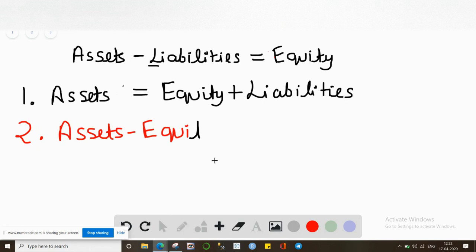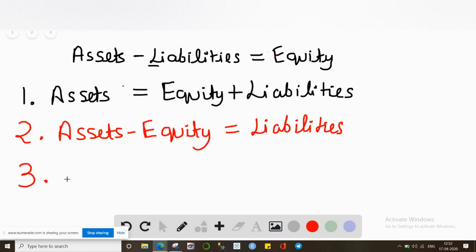So assets minus equity equal to liabilities. Now liabilities will have a plus sign because on the left side it has a minus sign, but when I shift liabilities to the right hand side, it becomes positive.